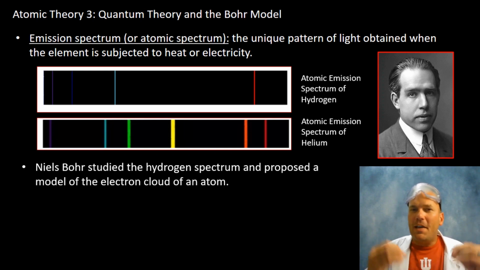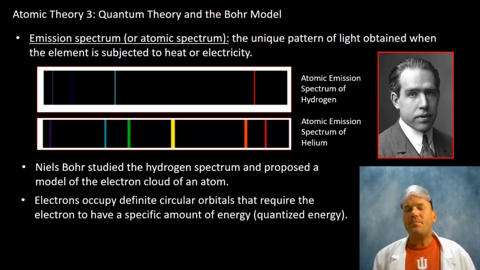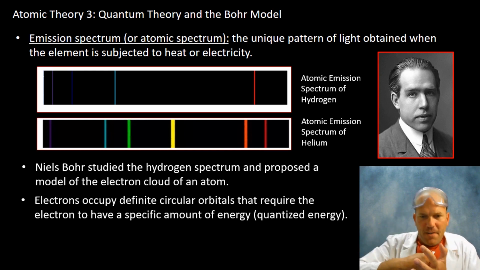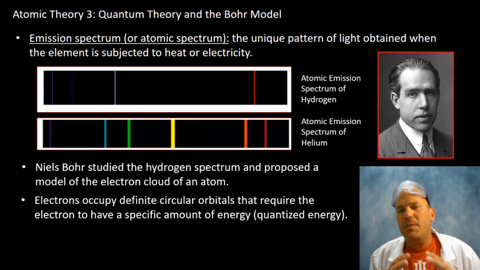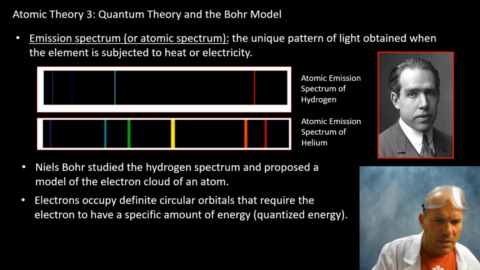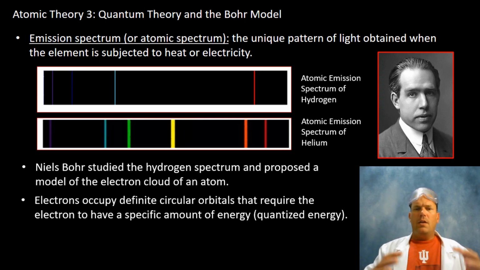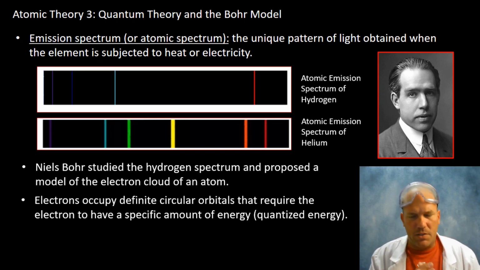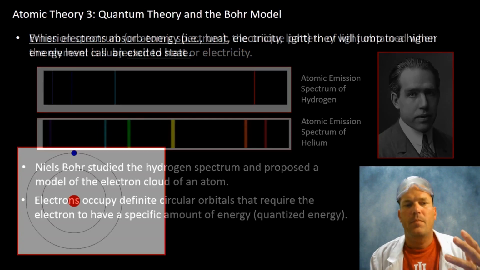Bear with me over the next few videos, that these electrons were located in clouds, okay? That they would occupy a definite orbital and require electrons a specific amount of energy. So they do have these circular orbitals, but they have specific quantized energy. That's what Niels Bohr was proposing.